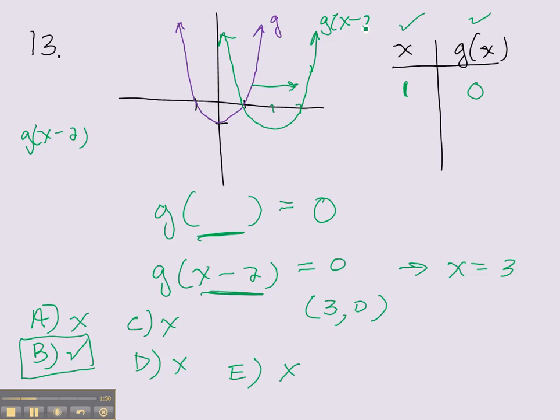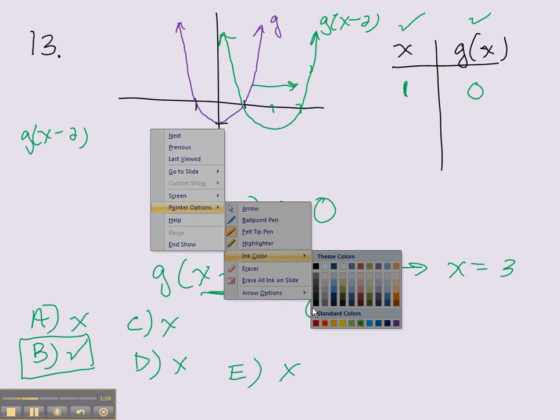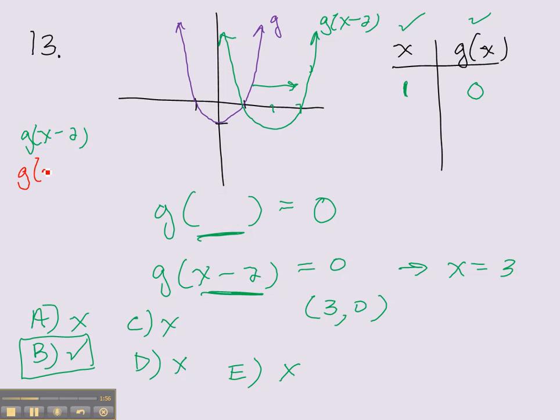If the minus 2 is on the outside of the parentheses like this, that means something totally different. That means slide the graph down 2. So you can see that if you know your rules for translating graphs, left, right, up, and down, that can make these problems go by a lot faster. So if we move the graph 2 spaces to the right, it looks like this one, which is exactly the same graph as B.